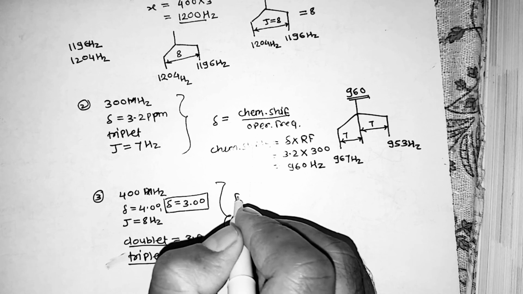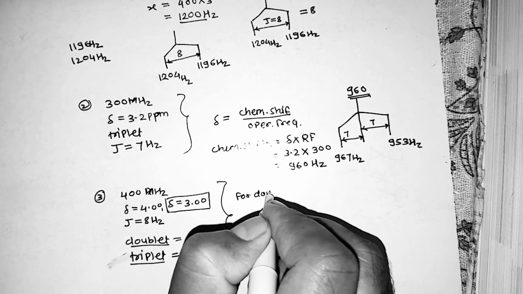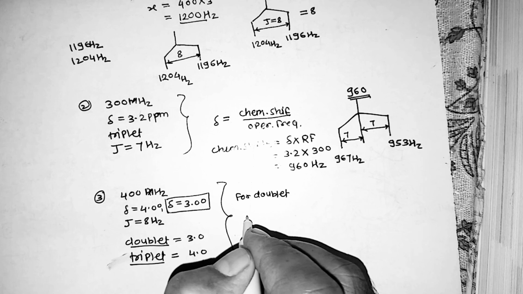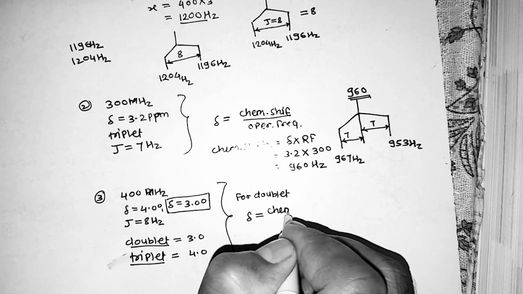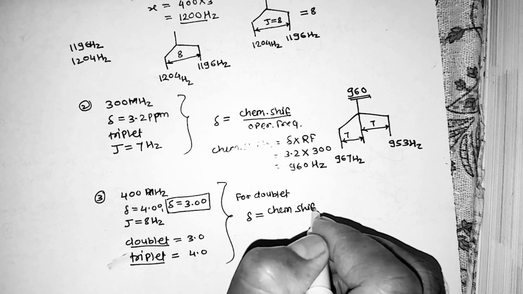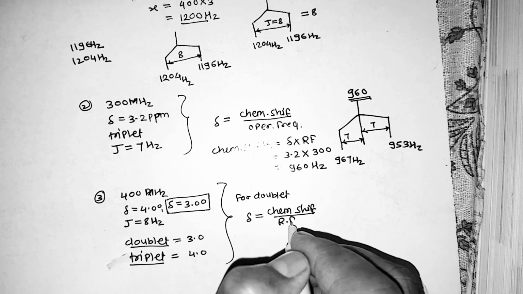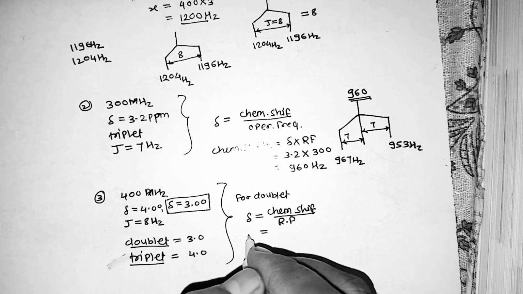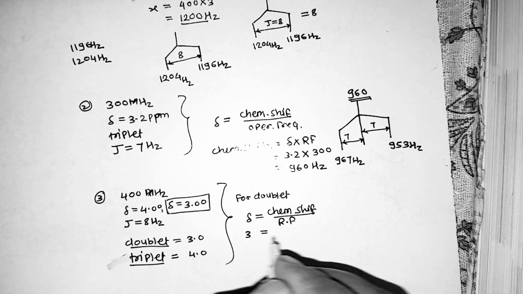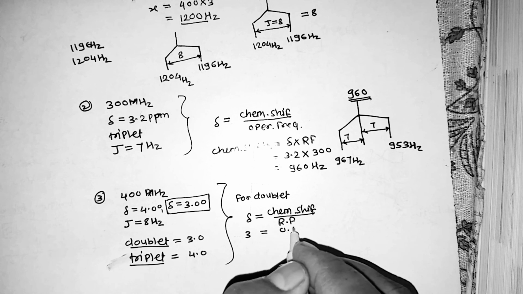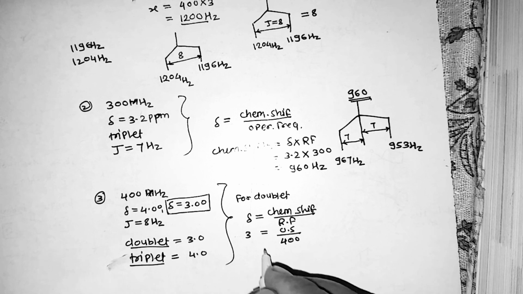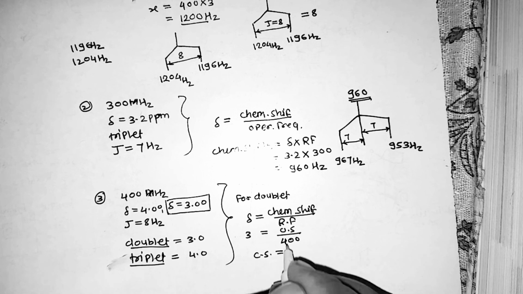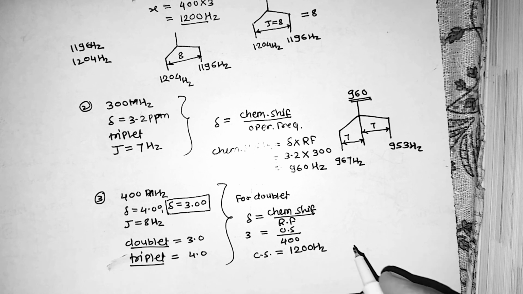For the doublet we can calculate: delta is equal to chemical shift upon RF value, which is delta given as 3 is equal to chemical shift upon radio frequency 400 megahertz. So chemical shift is equal to 400 into 3, that is 1200 hertz.